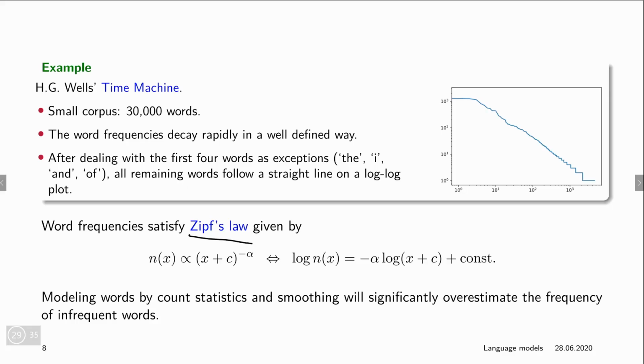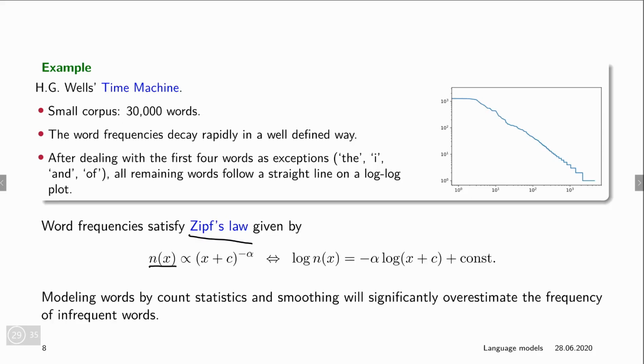And this particular behavior in the decay of the words is known as Zipf's law, where the number of occurrences of word x is proportional to, so the sign is proportional to, which means that if you wanted to write something that is equal to this, for proportional we would multiply by a constant.